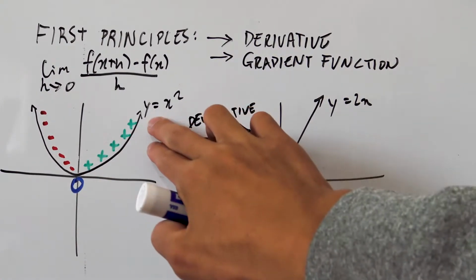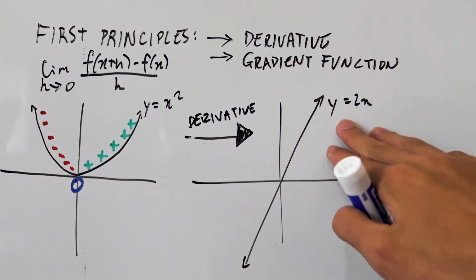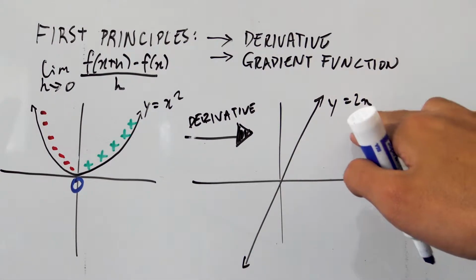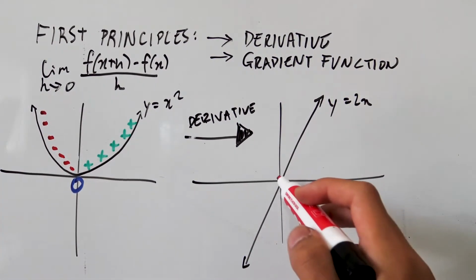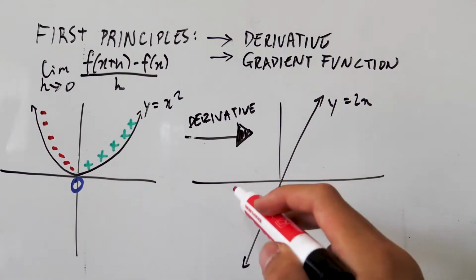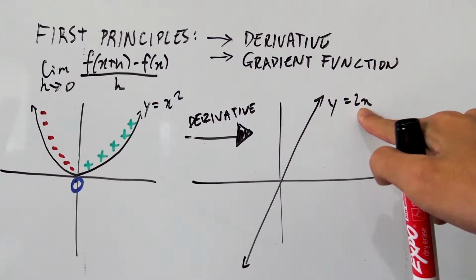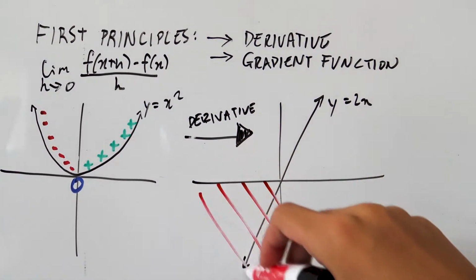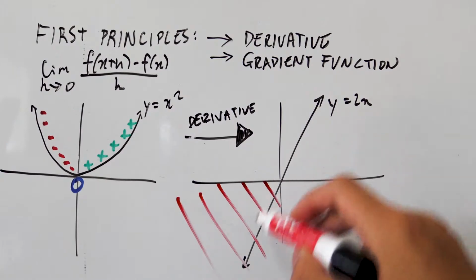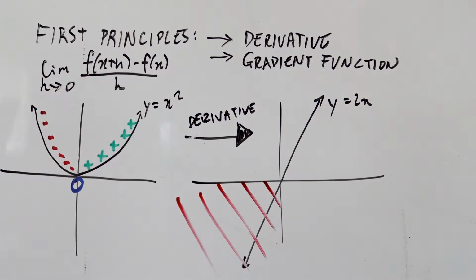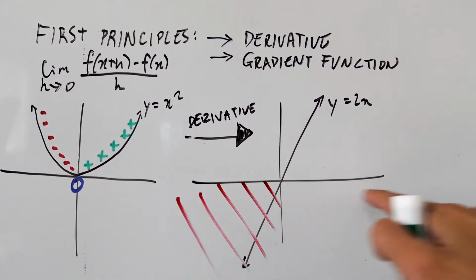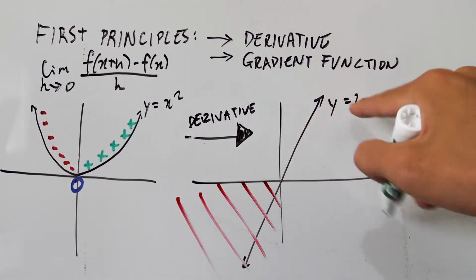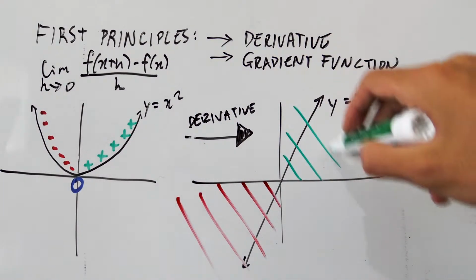So how is the gradient of our x squared graph reflected on our new derivative graph of 2x? Well, if you look at the negative values of x here, what does our function 2x spit out? As you can see, it only spits out negative values because our line is in the negative region. However, if you look at the right hand side, or the positive values of x, our graph of 2x is always positive.